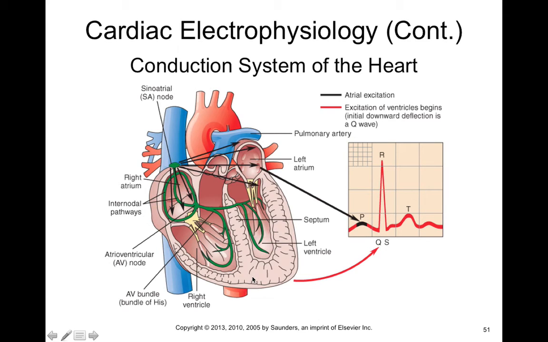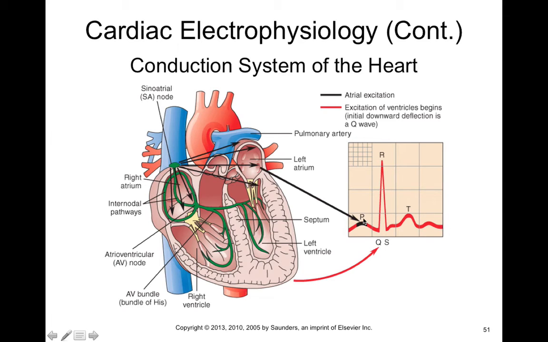Now we can measure the electrical activities of the heart using an electrocardiogram or EKG, which is shown over here. EKG has many different waveforms, but there are several key, sort of large ones. We have the P wave here, the QRS wave, and a T wave here, and sometimes a U wave, which we'll come to in later chapters.